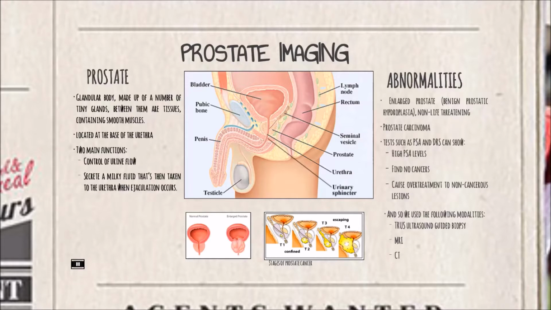We image the prostate ideally to treat and diagnose anything irregular. These abnormalities in men consist mainly of prostate enlargement, which is also known as BPH, and prostate carcinoma. BPH is a benign, non-life-threatening growth in comparison to prostate cancer.